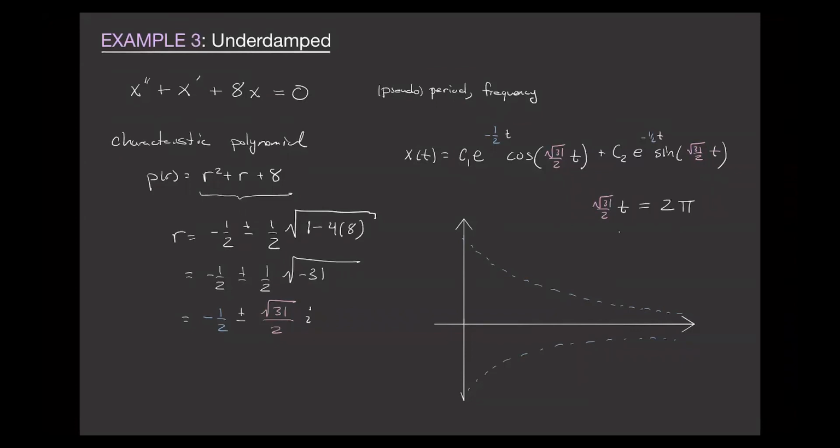So in that case, t, which I'll change to capital T here, should be 4 pi over root 31. So that's the period here. In order to get that, all I did was set this equal to 2 pi, because that's how much regular cosine and regular sine take to go through one cycle. And now if you want to find the frequency, just remember that that's the reciprocal. So the frequency is root 31 over 4 pi.